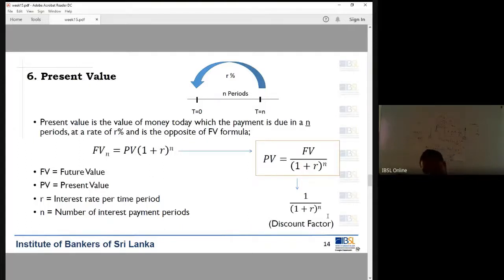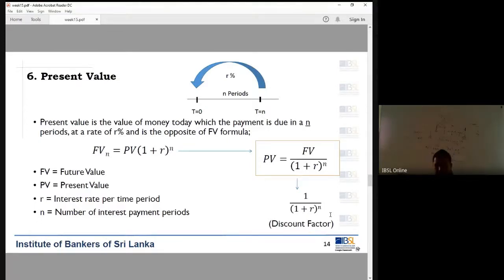So if you take out this future value FV part and see what remains, it is 1 divided by 1 plus r to the power n. Friends, we call that 1 divided by 1 plus r to the power n the discount factor. So whatever you put on the top of the equation will be discounted by this particular factor.